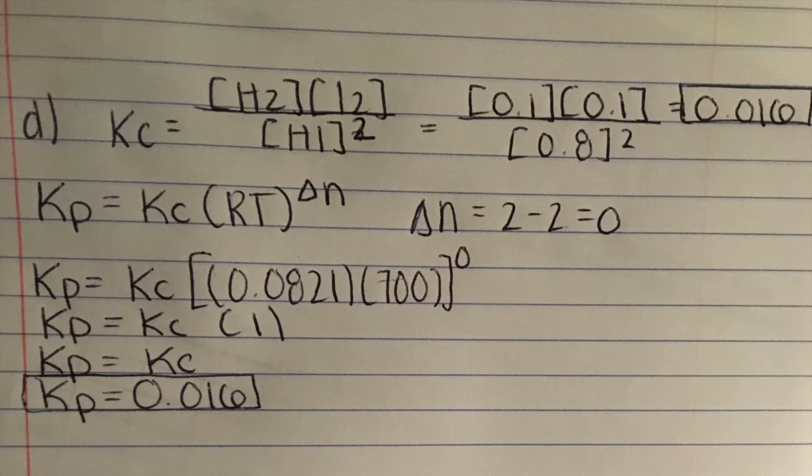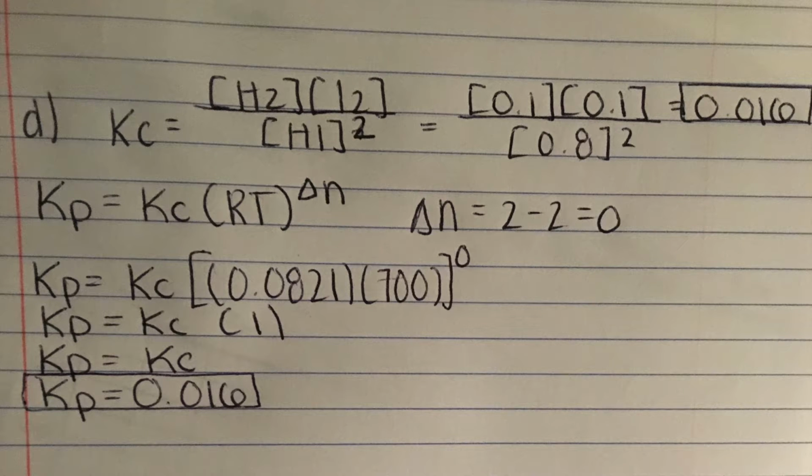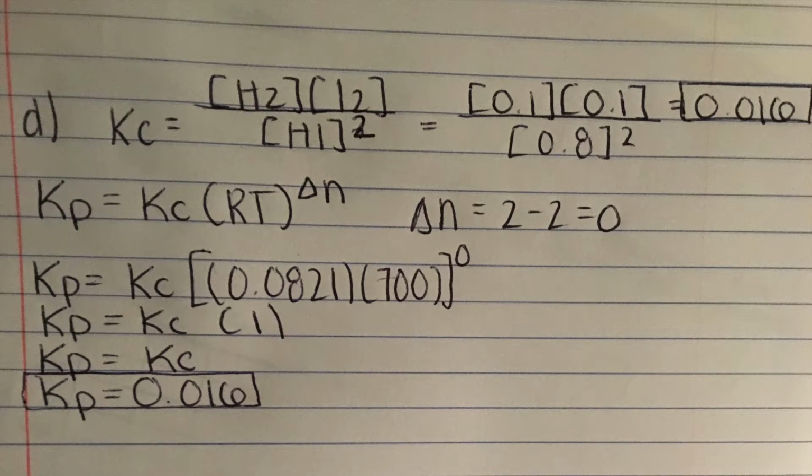So Kc equals the concentration of hydrogen gas times the concentration of iodine gas over the concentration of HI gas squared, which equals 0.1 times 0.1 over 0.8 squared, which equals 0.016, and there are no units for Kc.